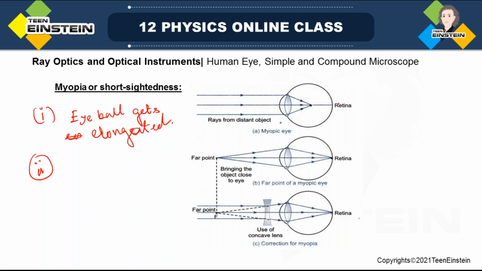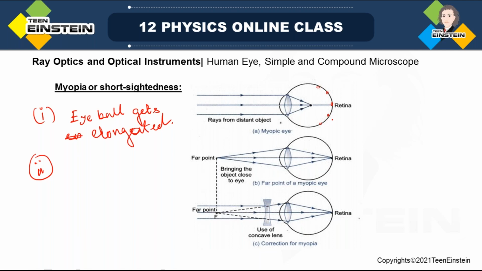So for anything you want to see, the image of that object has to be formed by our eye lens at the retina itself, otherwise we cannot see.